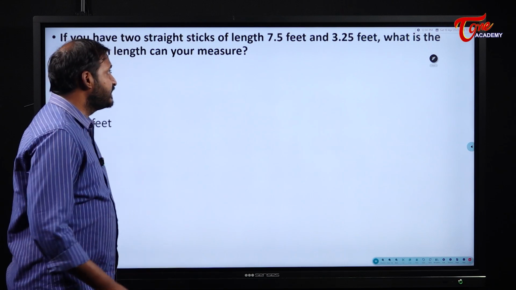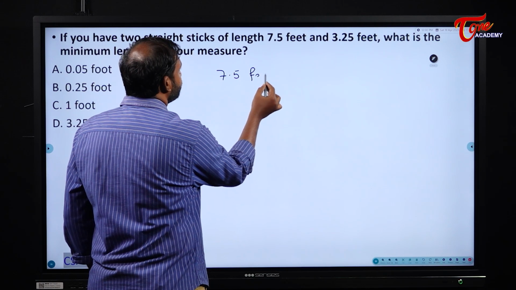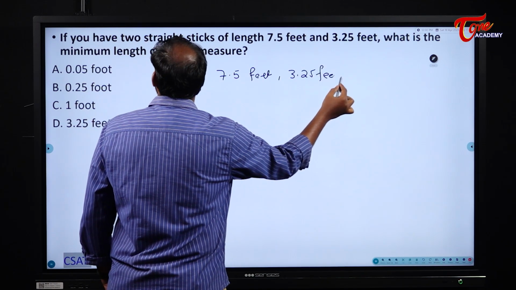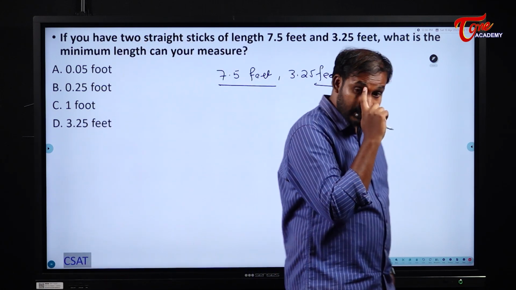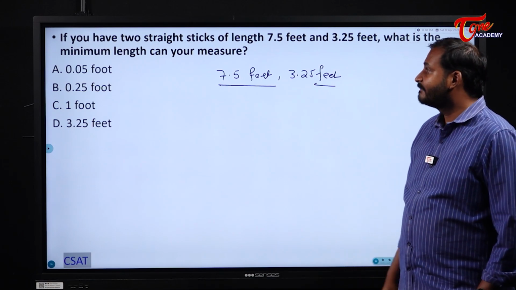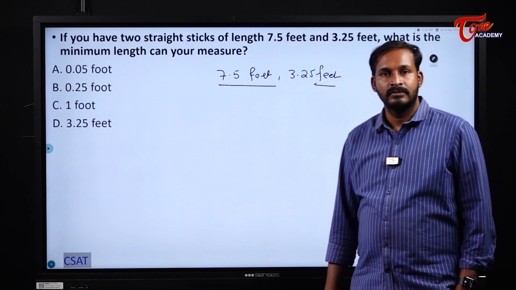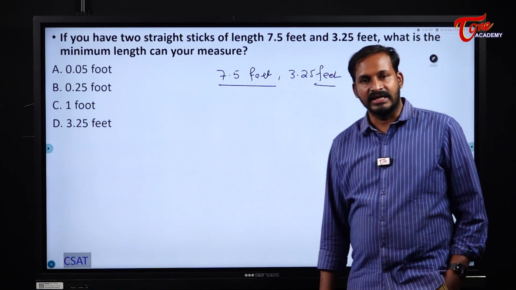If you have two straight sticks of length 7.5 feet and 3.25 feet, what is the minimum length that you can measure by using these two? This one is nothing but the HCF.